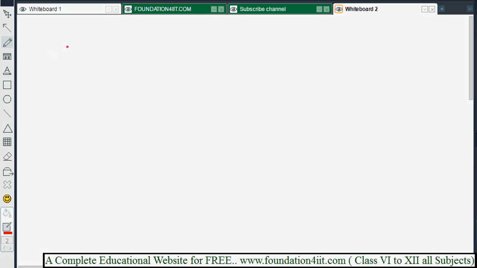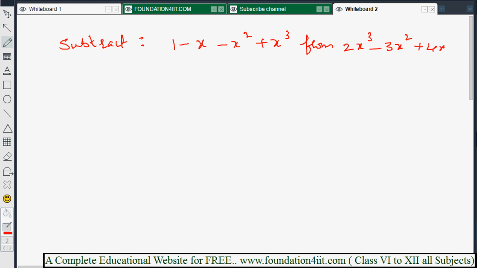Now the question is: subtract 1 minus x minus x square plus x cube. This I have to subtract from 2x cube minus 3x square plus 4x minus 13.